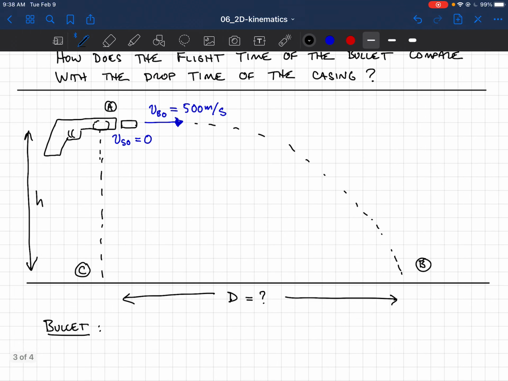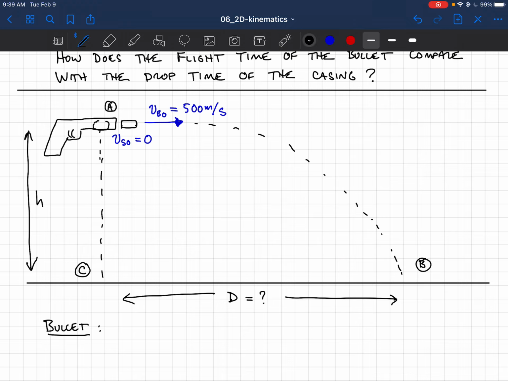So we want to find the time to go from the shooting of the bullet to the ground. We were given an initial velocity vector, and I guess we want to see how long it takes to go along this vertical distance here.